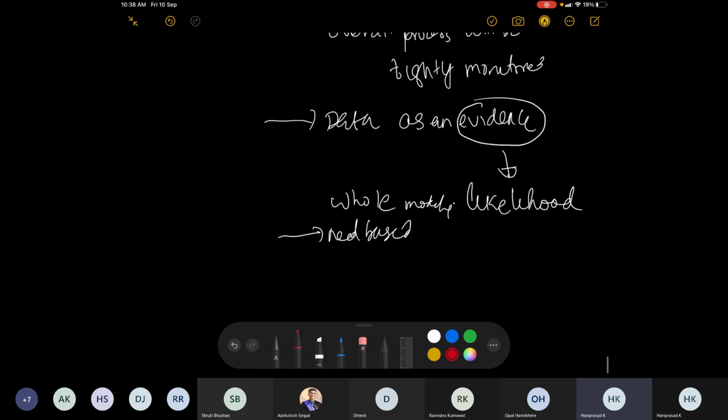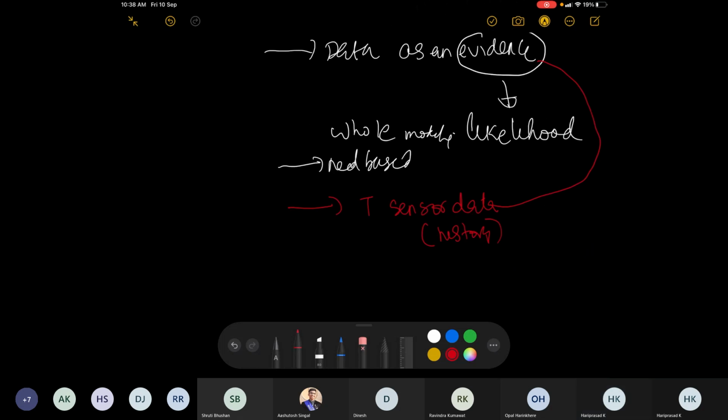Very standard problem. So you have a lot of temperature sensor data historically. Again, I'll use the word historic, which means that it is not instantaneous. You are monitoring since long, maybe last 4 years, 3 years, who knows, maybe last 15 days, 20 days, and use them as evidence to develop models.